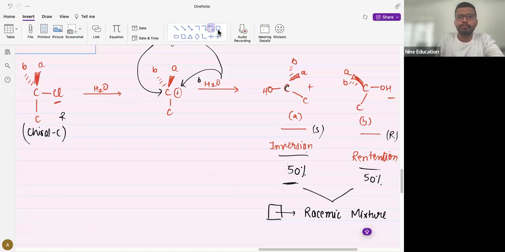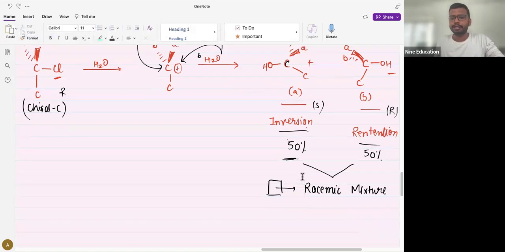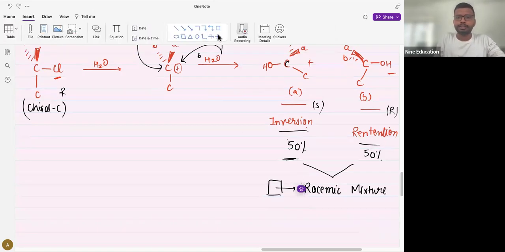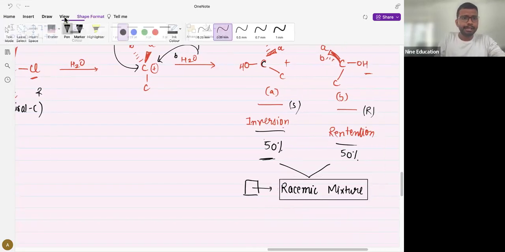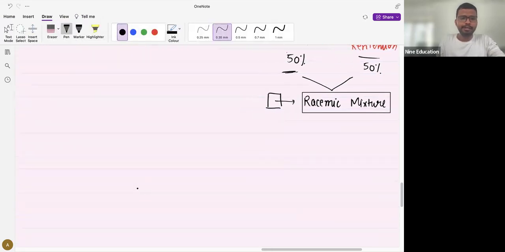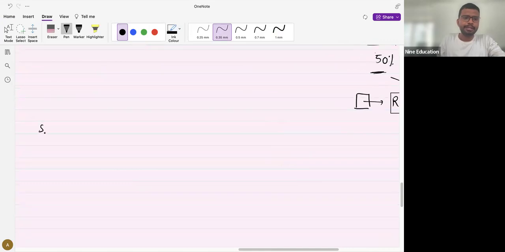And this only you have to learn that in SN1 reaction, stereochemistry, I'm writing stereochemistry. In SN1 reaction, what happens?